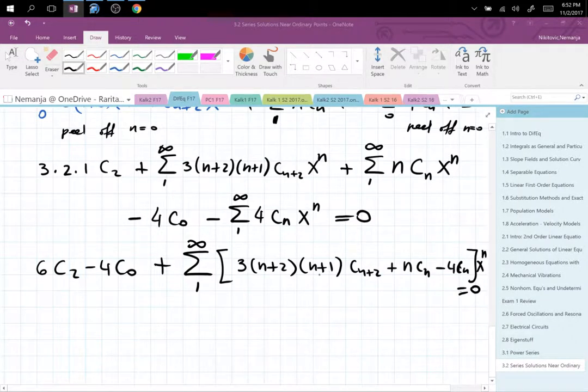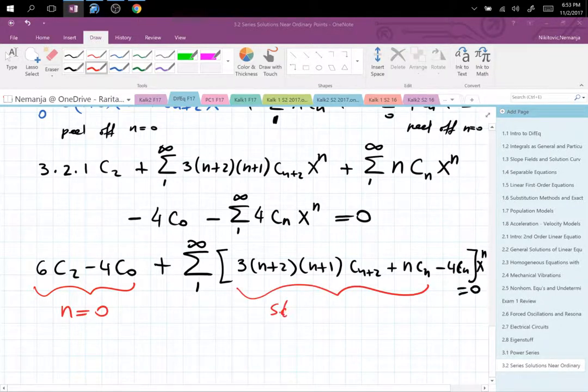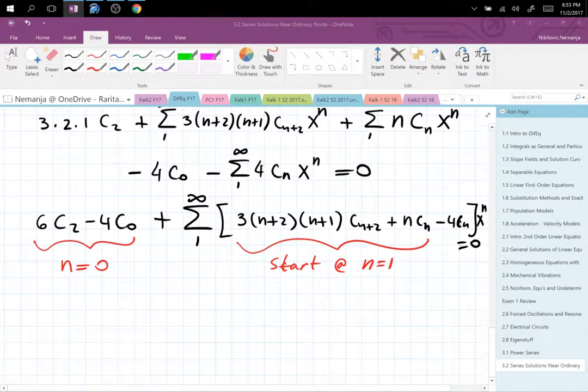So now what I need you to understand, guys, is that this puppy over here is the n equal to 0 term. The rest over here start at n equals to 1. That should be clear from the power series. But let me just outline that just in case.